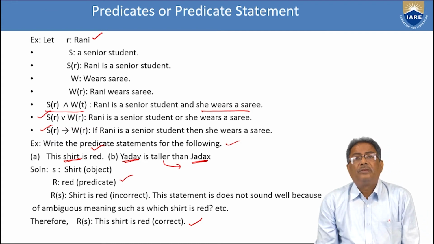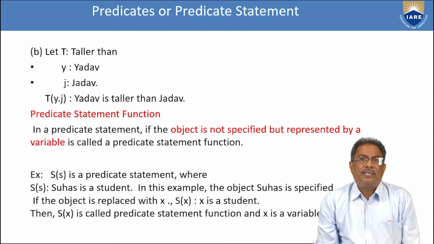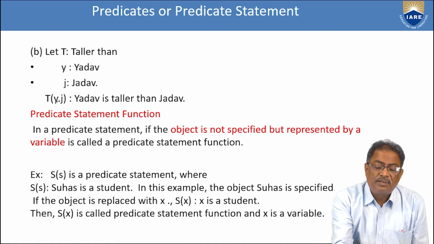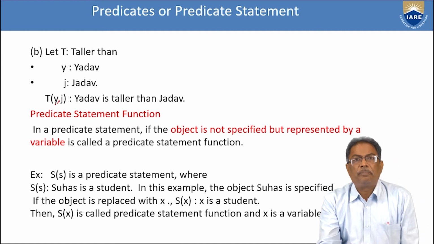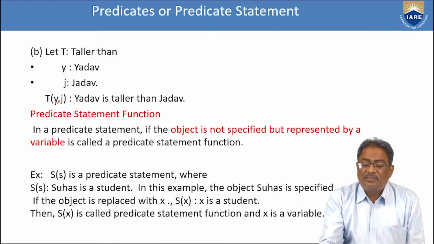So the predicate we take is taller than, Yadav is an object, and Jadav is another object. We consider it as T of y comma z. So Yadav is taller than Jadav.